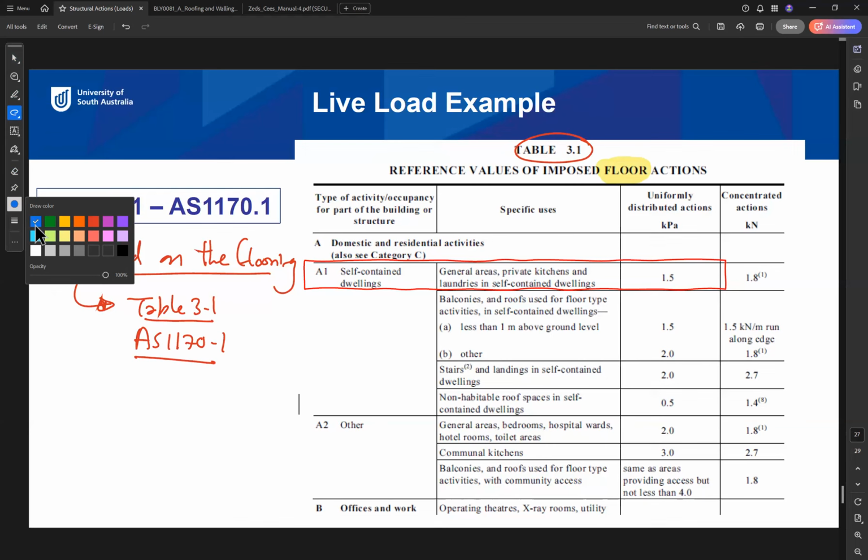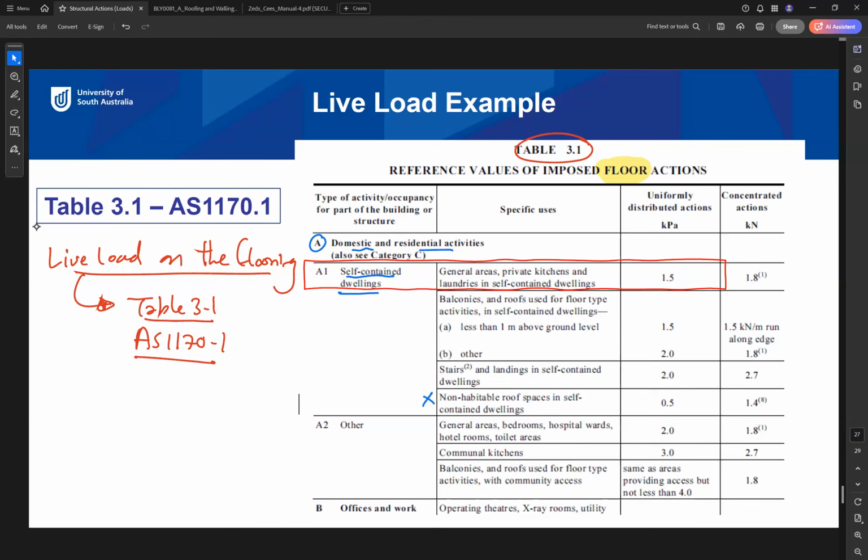So if we go to table 3.1, in the type of structure, domestic and residential activities, we have self-contained dwellings. Under self-contained dwellings, we have general areas, balconies, stairs, non-habitable roof. So this is not a non-habitable roof and not a stair, not a balcony.